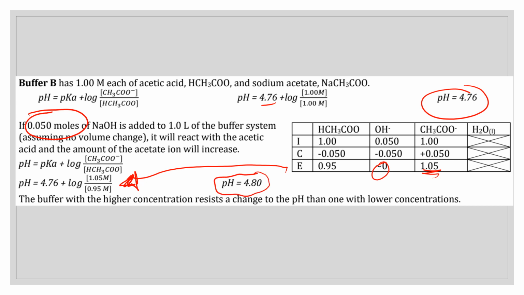So the buffer with a higher concentration resists a change in pH better. It resists better if there's more of it to work with, so to speak. By having a stronger molarity for both, it's more likely to resist the change in pH, if that makes sense.